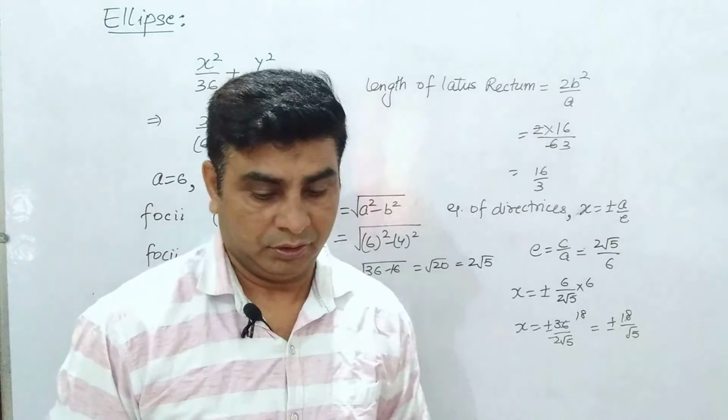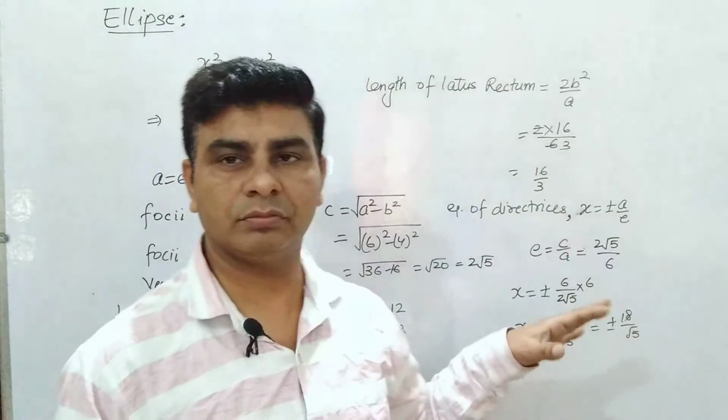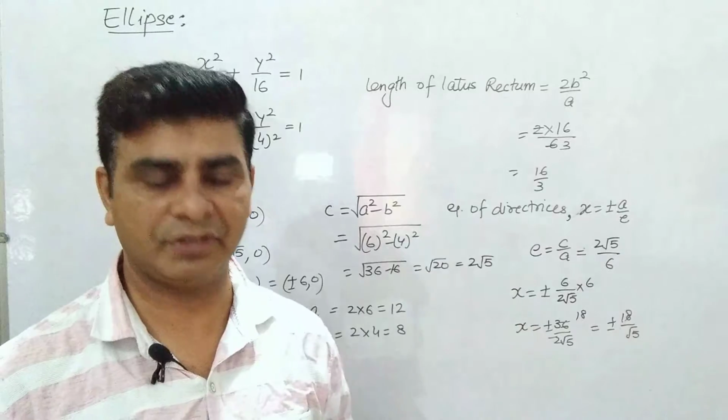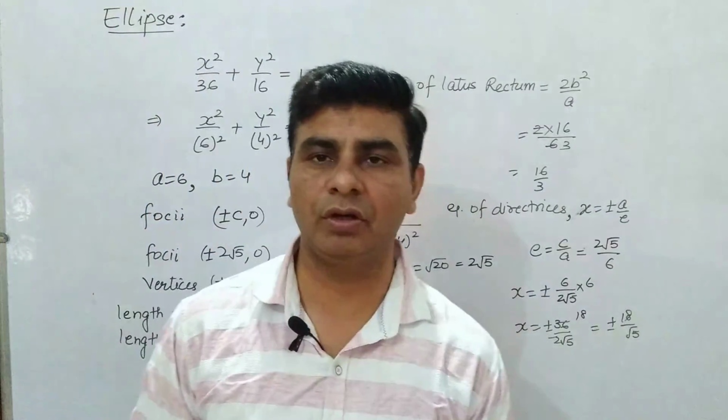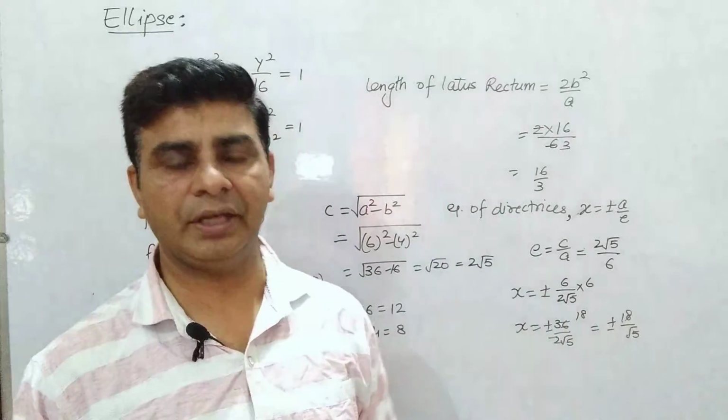So the equation of the directrices is plus minus 18 upon root 5. This is not asked in your question, but if it is needed, you can find the equation of the directrices like this.